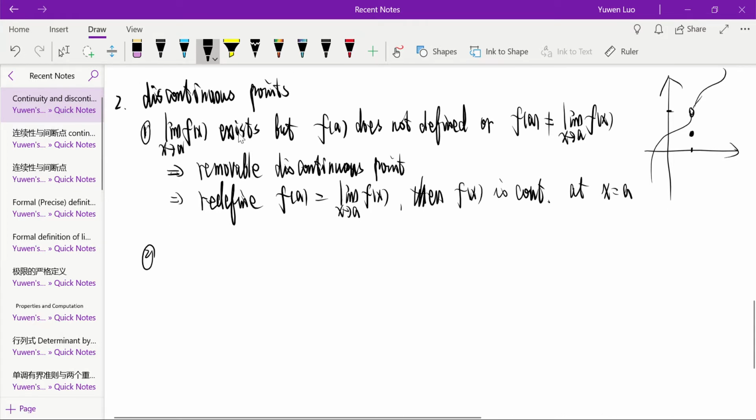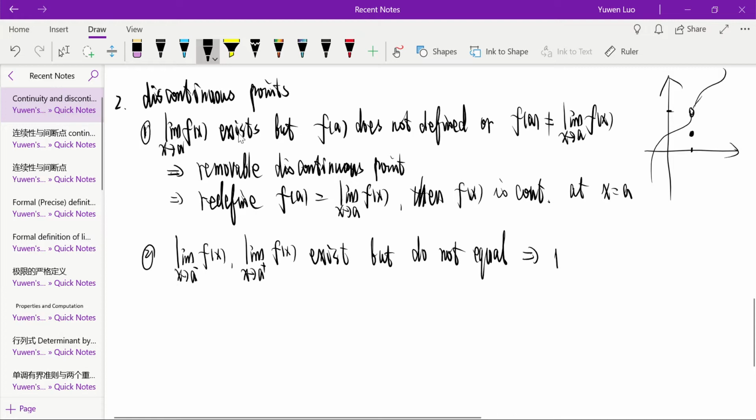The second type of discontinuous point is called the jump discontinuous point. That is, the left limit and the right limit exist, but are not equal.